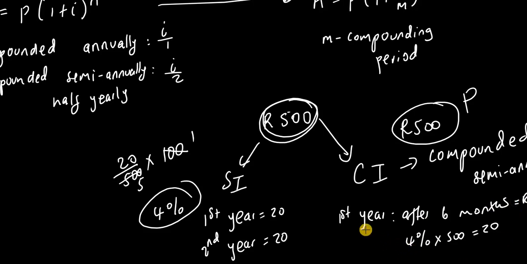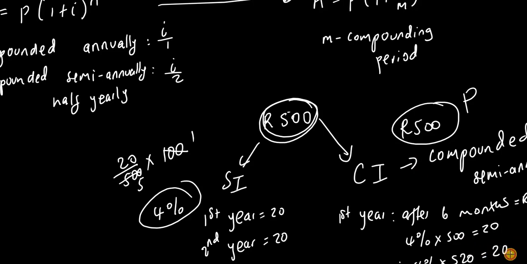And then after another 6 months, in the same year, they say, okay, 520, what is 4% of 520? To get 4% of 520, simply say 4 over 100, then multiply it by the 520. You get around 20.8.